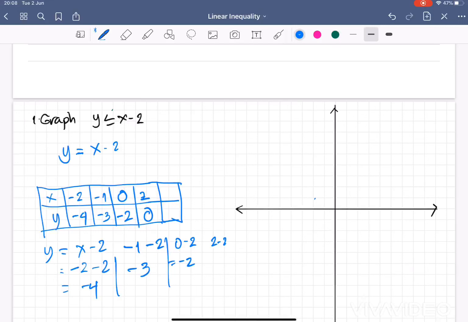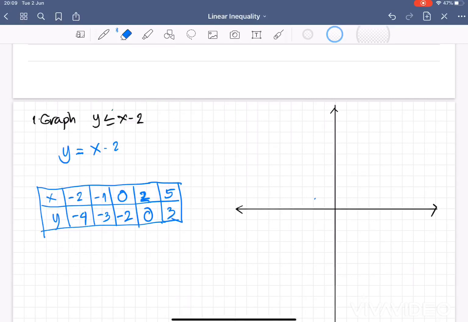So y is 0. And if x is equal to, say, 5, for example, then 5 minus 2 will give me 3.